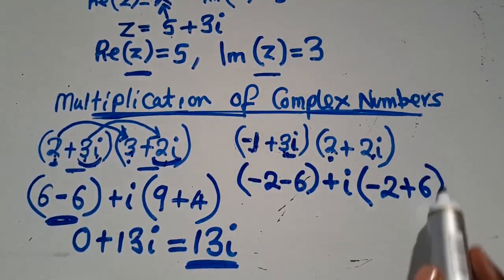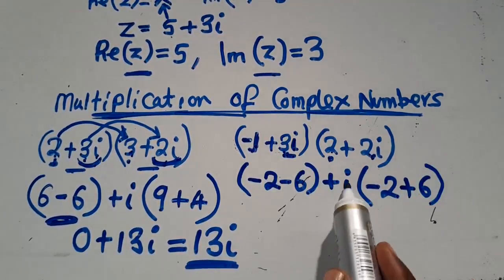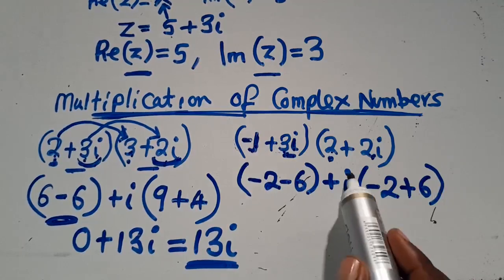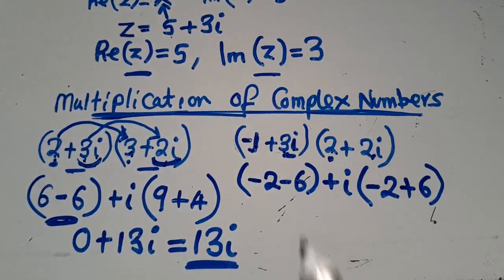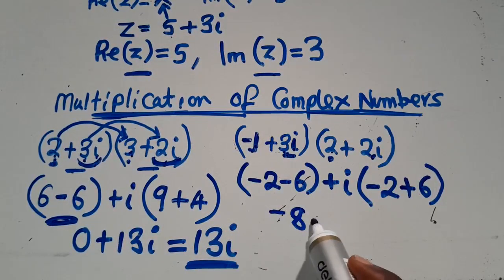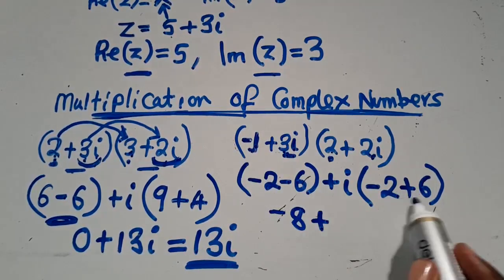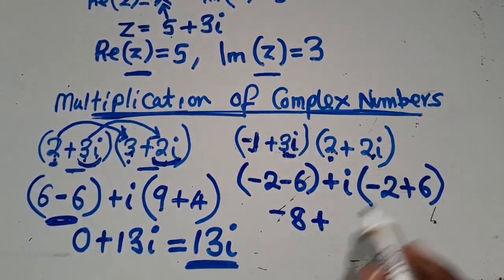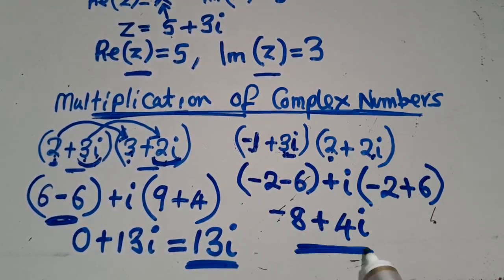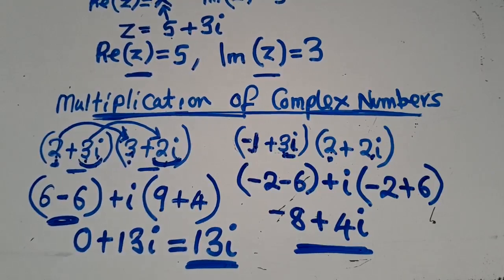Don't say 6i because we factor out i outside here. So the next thing, you're going to get negative 8 plus, when you add there, you get 4i. So this is your answer. This is what you are supposed to do.